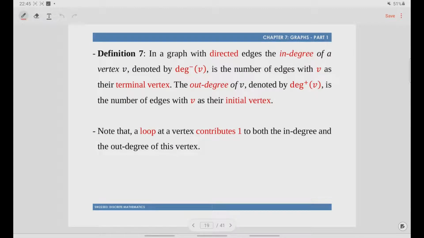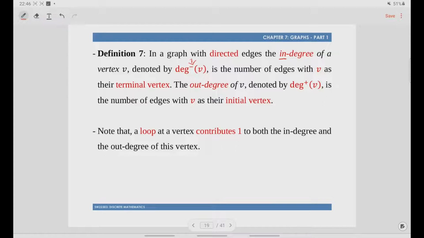In a graph with directed edges, that means for a directed graph, the in degree of a vertex V, denoted by degree with a minus sign as subscript, degree minus V, is the number of edges with V as their terminal vertex.